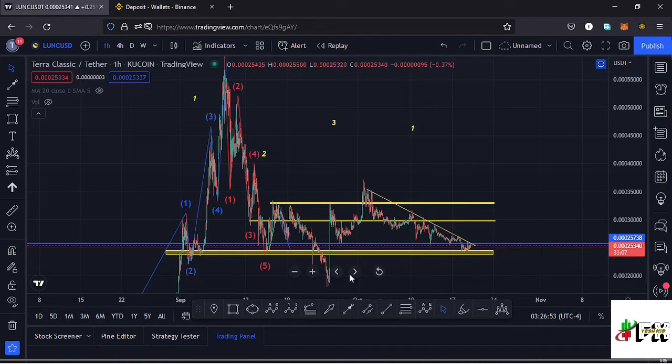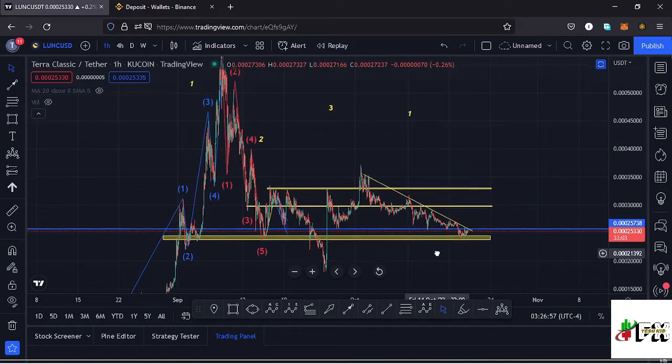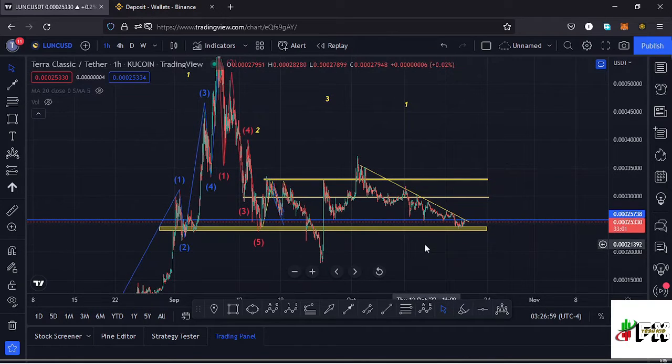After making that low for that second wave, we saw a very nice bounce to the upper side, which is an impulsive movement, which also managed to break above key areas of resistances, making our high at around the $0.00037 mark.